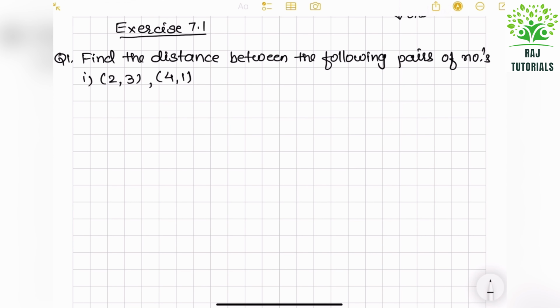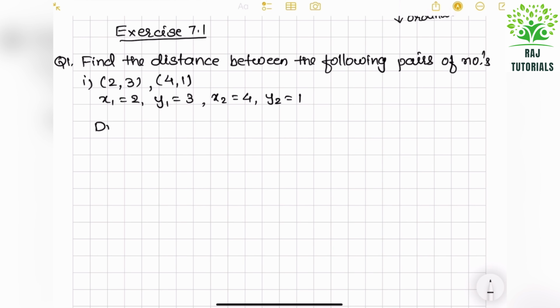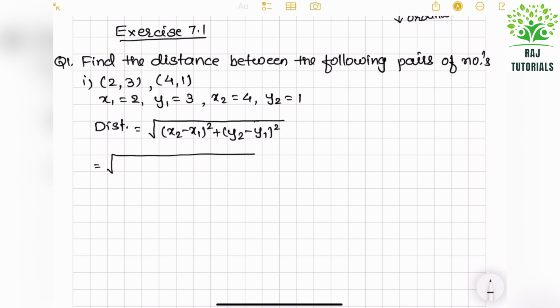Now, exercise 7.1 question 1 says find the distance between the following pairs of numbers 2, 3 and 4, 1. So here x1 equal to 2, y1 equal to 3, x2 equal to 4, y2 equal to 1. So distance will be x2 minus x1 whole square plus y2 minus y1 whole square.